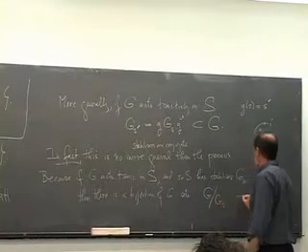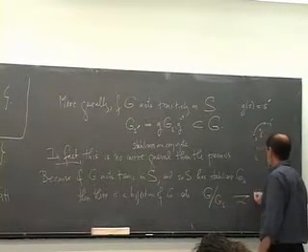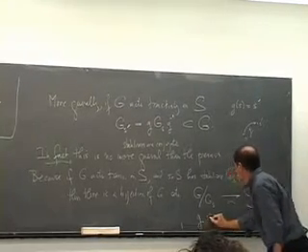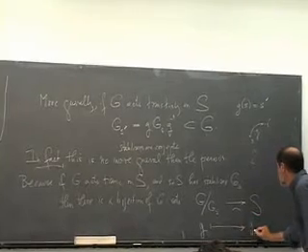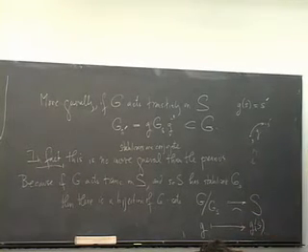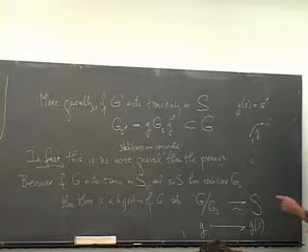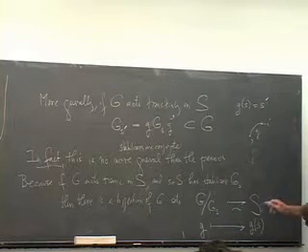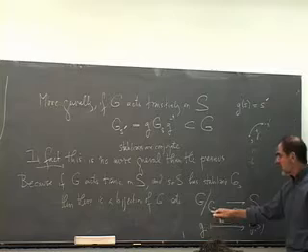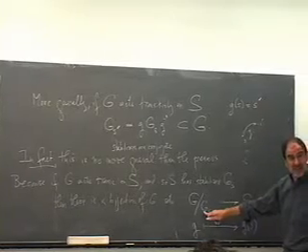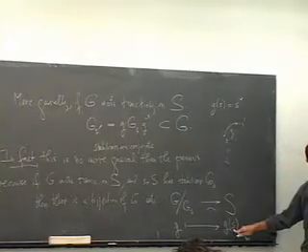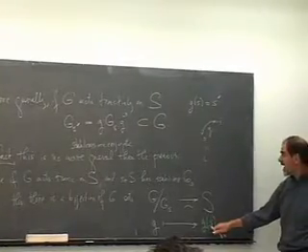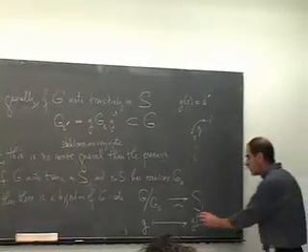G mod G_S is bijectively identified with S. That takes an element G here, and it maps it to the element G of S. Now you see that that only depends on its coset mod G_S, because if I modify G by multiplying on the right by something that fixes S, this element is still well determined. First I apply an element that fixes S, I stay at S, and then I apply G. So this is well defined.